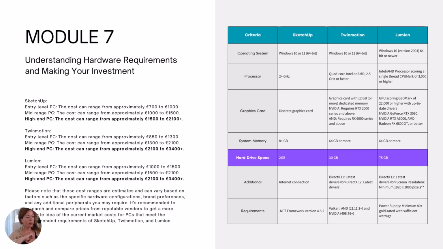In here on the left, I have estimated costs. Always go for the higher end, okay? Because sometimes you go to the software web pages and they give you PC requirements that go from low, medium, and high. But because you're working with plants, they're really high polygon models. They are really heavy on your PC.